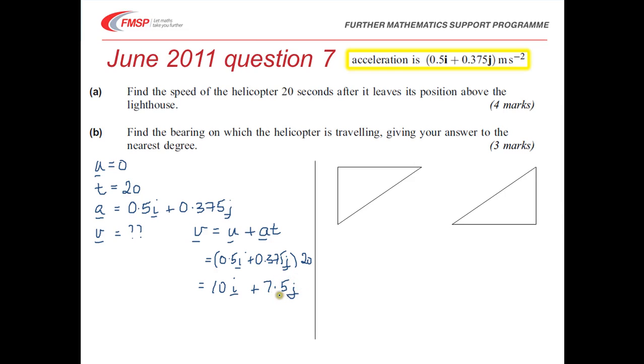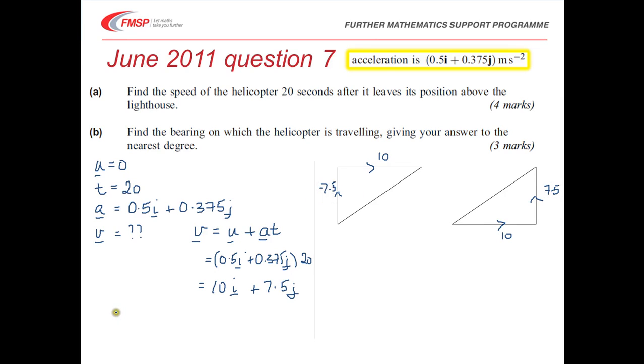So now effectively we just need to find the speed. So it's gone 10 across and 7.5 up. We could think of it in terms of triangles, as 7.5 upwards and then 10 across. Or you can think of it as 10 across followed by 7.5 up. But remember, you're adding nose to tail.